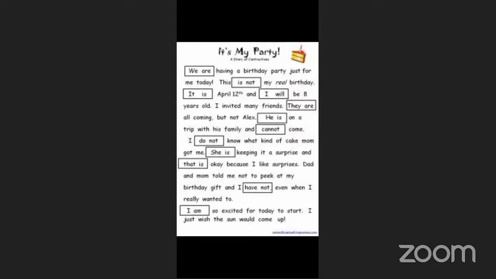We are. Okay. Write them quickly. No need to write the whole paragraph. Don't write the full paragraph.